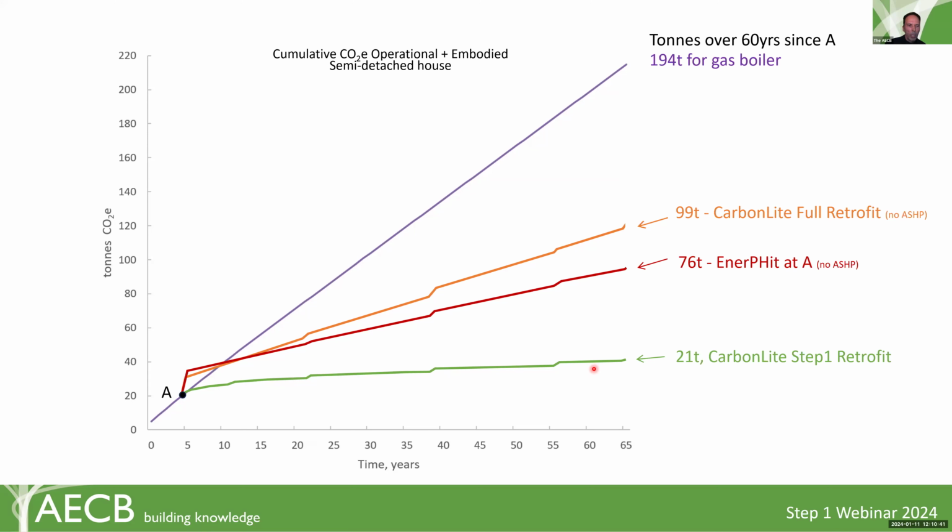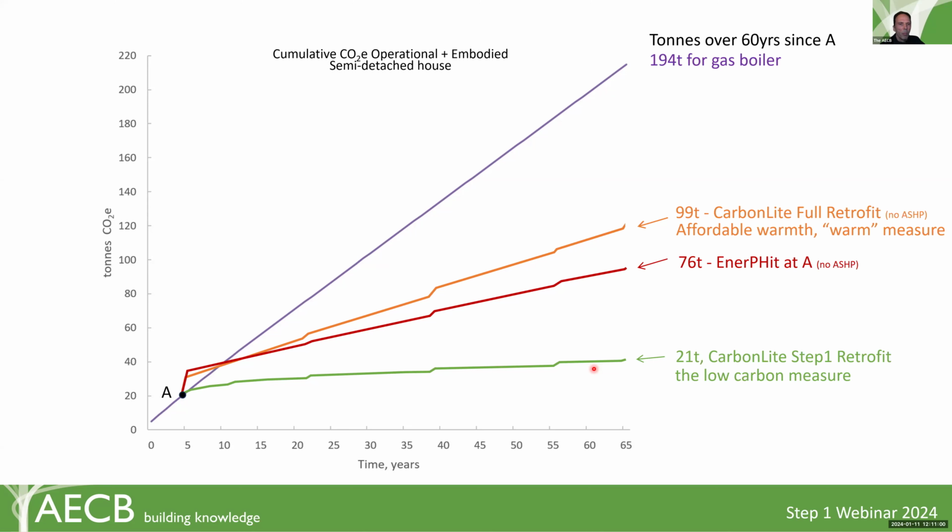And so we can broadly describe these two carbon light standards. The step one, we can think of that as really being the low carbon measure, and we can think of the full retrofit as being the affordable warmth or warm measure.